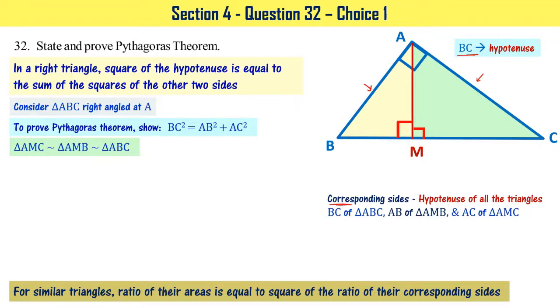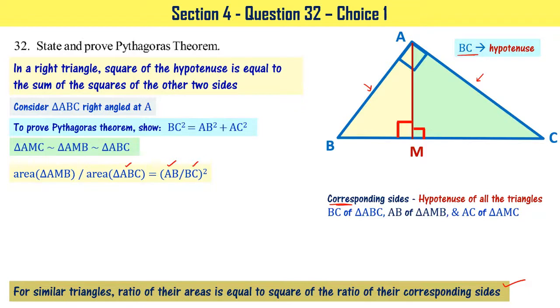Now, as per this particular theorem, whatever we have written just now, area of triangle AMB divided by area of triangle ABC is going to be AB divided by BC whole square, because the corresponding sides, hypotenuse of triangle AMB is AB and hypotenuse of triangle ABC is BC.